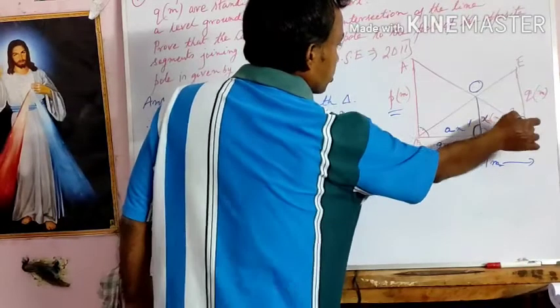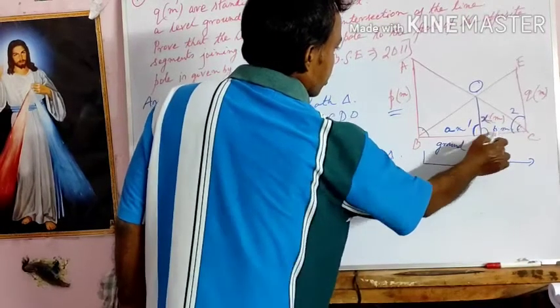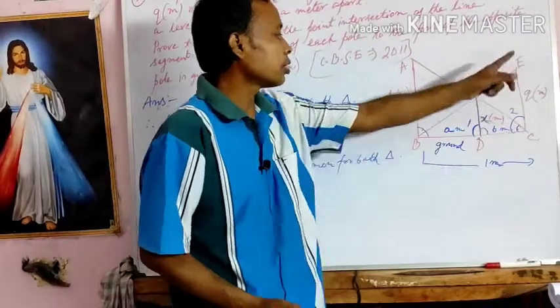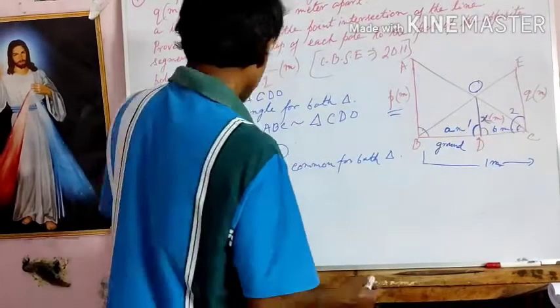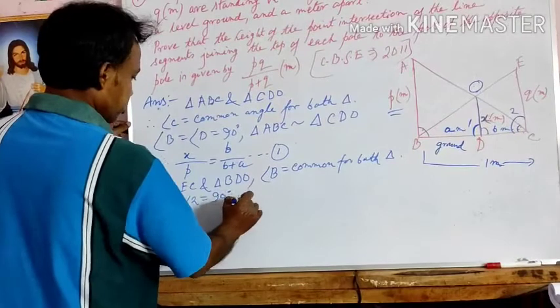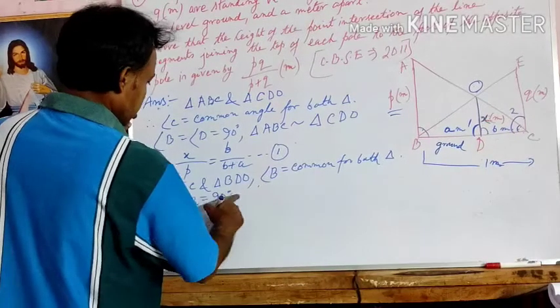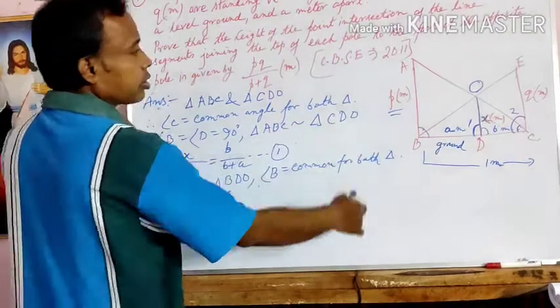This is the pole EC which is vertically upward to the ground. So we can say angle 1 is equal to angle 2 is equal to 90 degrees.